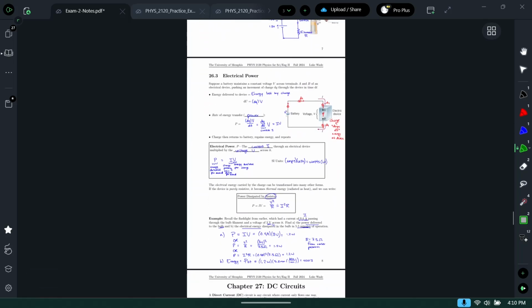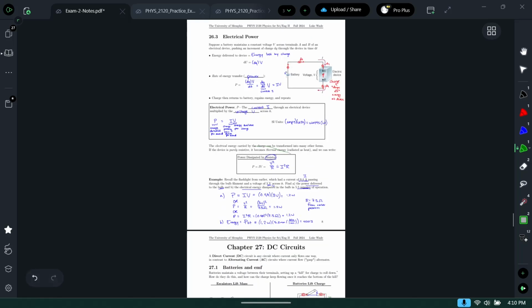Power would show up in a question about an actual circuit. So I would give you a circuit and I ask you about the power dissipated through a particular resistor. So this does show up, but more in the context of chapter 27. So just remember you've got several different ways to calculate power dissipated, and then it is mostly plug and chug.